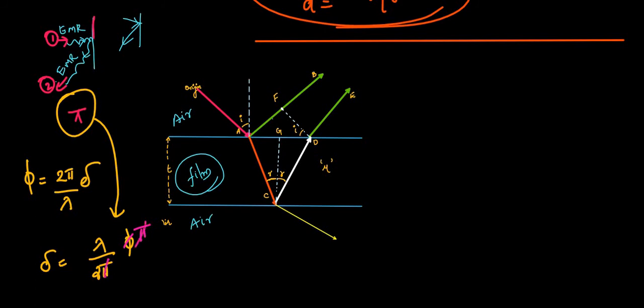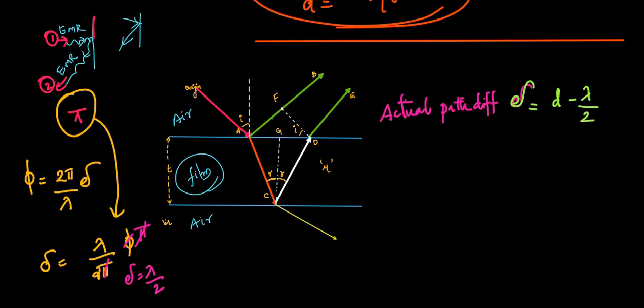This is cancelled, so I have delta equal to lambda by 2. So the actual path difference delta is equal to the path difference which we derived from the film minus lambda by 2. Delta is equal to 2 mu t cos r minus lambda by 2.